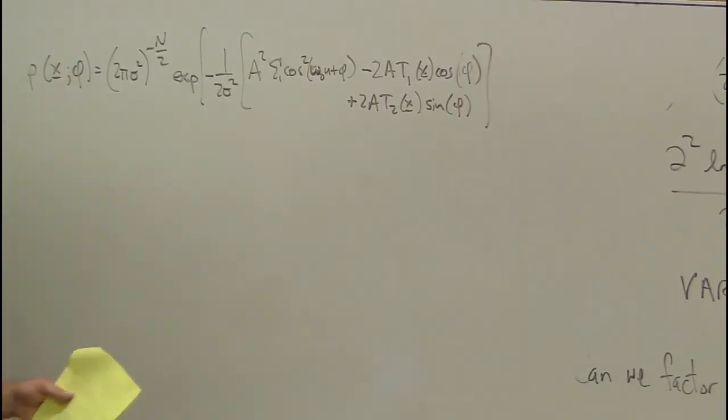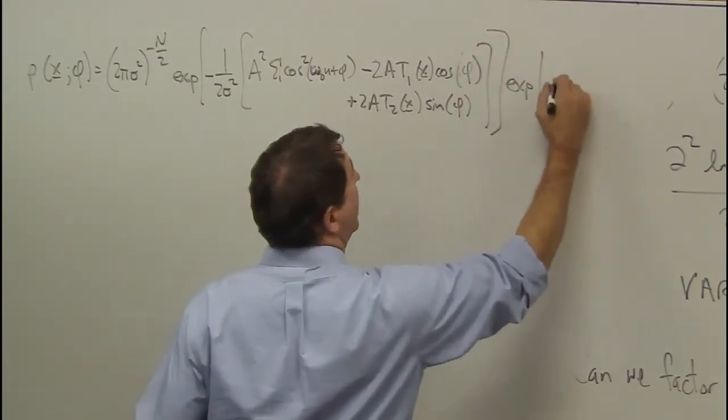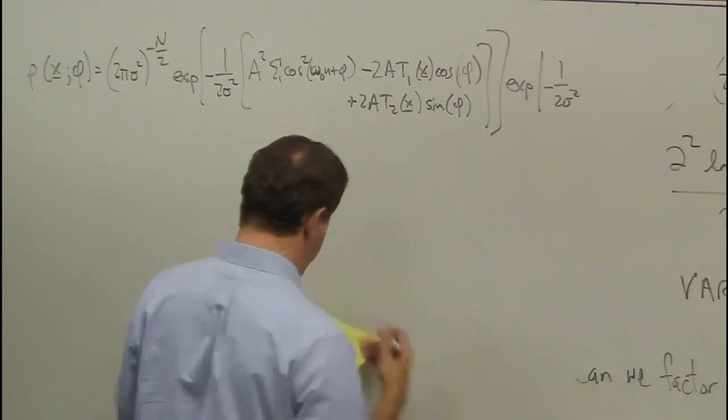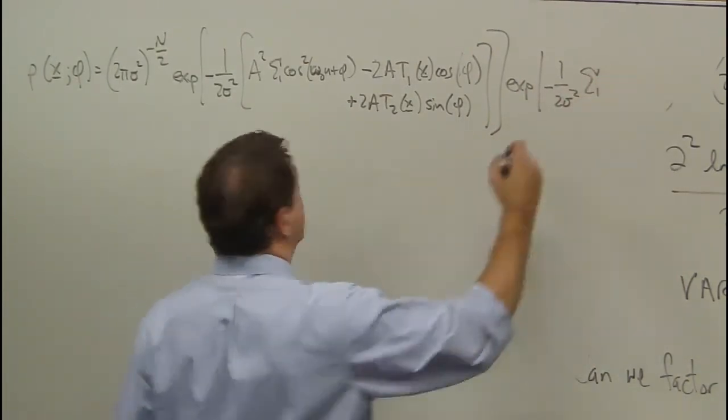Okay. And then that multiplies the exponential of minus 1 over 2 sigma squared times the sum of the x squareds.